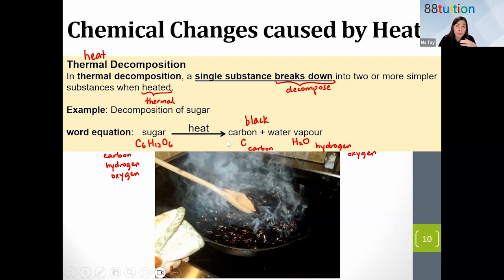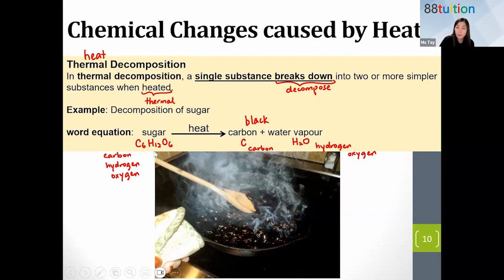We know by our own experience, not too sure whether you've done it before, but I've heated sugar in a spoon when I was in primary school. When I just started heating the sugar, it started melting, and then it turns slightly yellow, and then the brownish color came, and it gets darker, and eventually becomes black. So that is the carbon that I'm referring to. Sugar, upon heating, the brown one you call caramel. You heat it longer, you will form carbon.